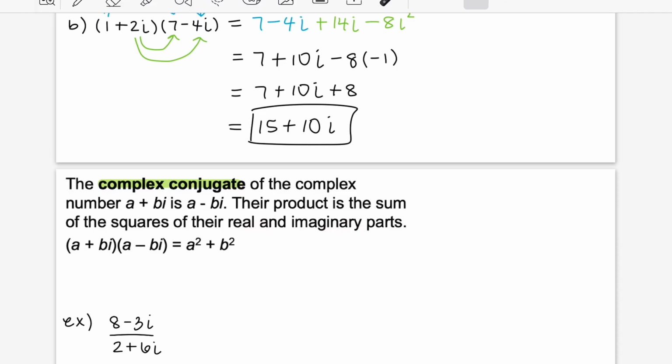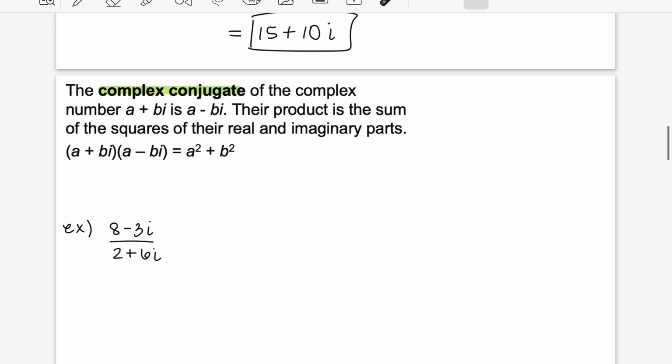So what we'll do is, for example, we're going to multiply the top and bottom of this fraction by the complex conjugate of our denominator. And we do that because remember we don't want an imaginary term in our denominator, and we know that when we multiply by the complex conjugate, it does get rid of that imaginary term.